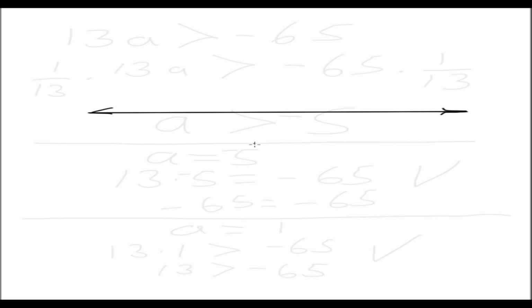I'll fade this out a little bit, and we're going to make our number line. Put some arrows on the end. And we've got it. It's a is greater than -5, so I'm probably going to put my 0 around here. 1, 2, 3, 4, 5, 6. 2, 3, 4. 1, 2, 3, 4. -1, -2, -3.